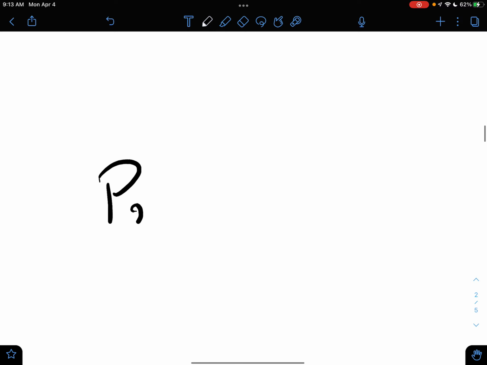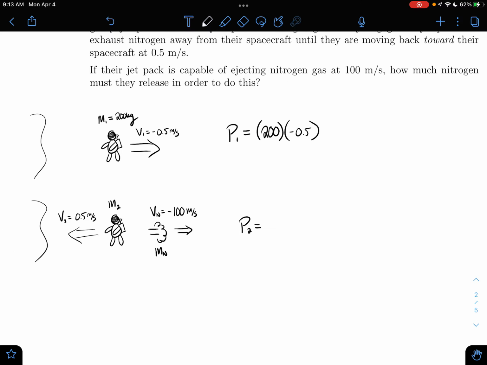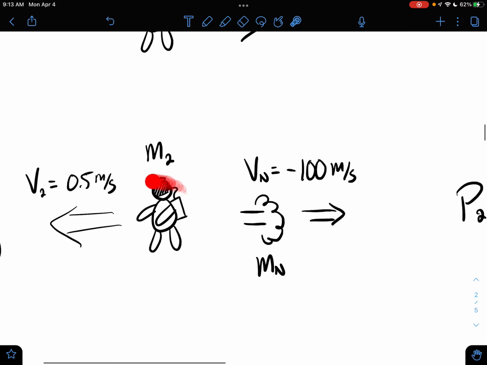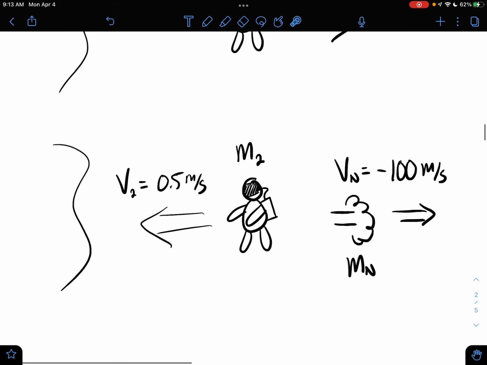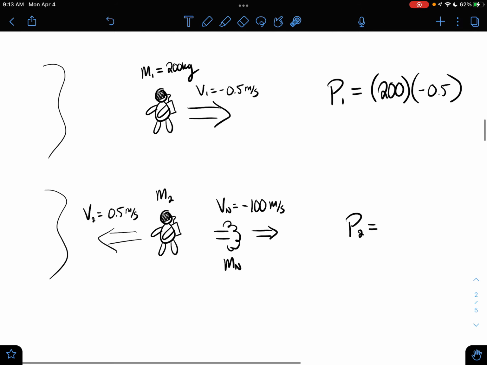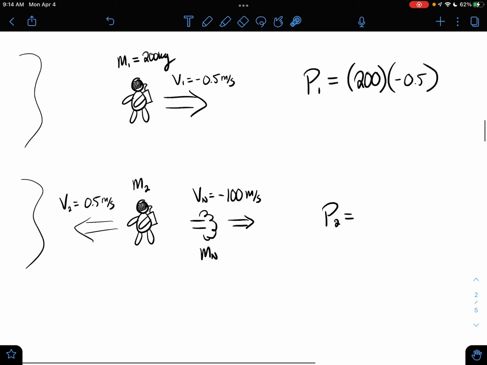Now our second is a little bit more tricky. We have the astronaut moving to the left and our nitrogen moving to the right. Since we defined our entire system originally, our nitrogen was part of this gear. The nitrogen's coming from the tank that's attached to the astronaut. So our mass of the astronaut in the final state is not going to be this 200 kilograms, because we're losing some mass of the nitrogen.